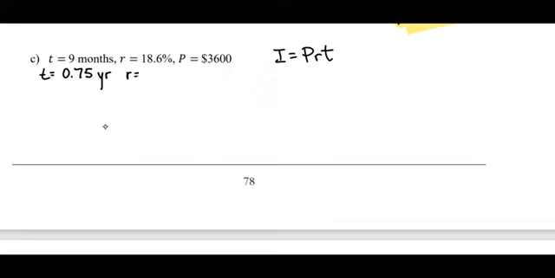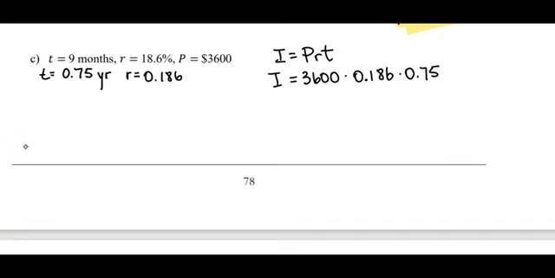And for R, I need to use the decimal, so I have 0.186 for the rate. So now I'm ready to drop everything. So I don't have the I. I'm going to be calculating that. I have 3,600 for principal times 0.186, which is the rate, times time, which is 0.75 expressed in years.